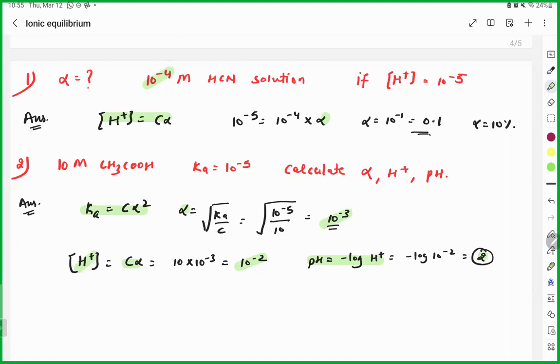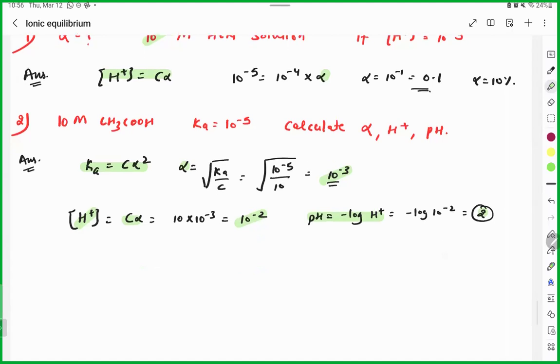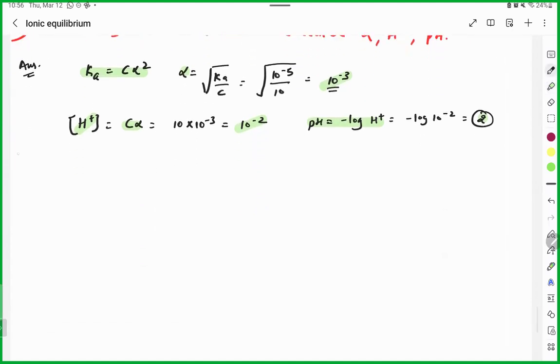Yes, alpha is equal to 10 raised to power minus 2. Got it. So, next.